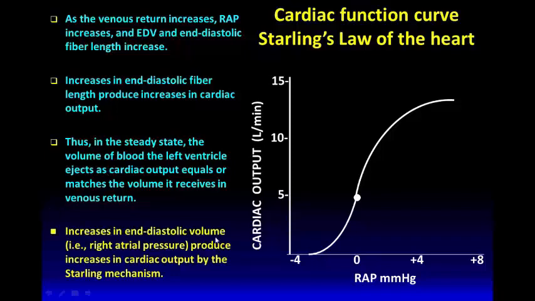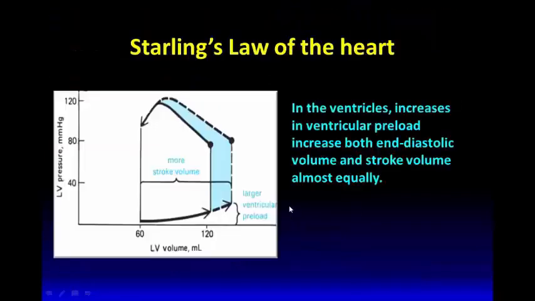Increases in end diastolic volume, increases in right atrial pressure, produce increases in the cardiac output by the Starling mechanism, as we explained in the previous slides.